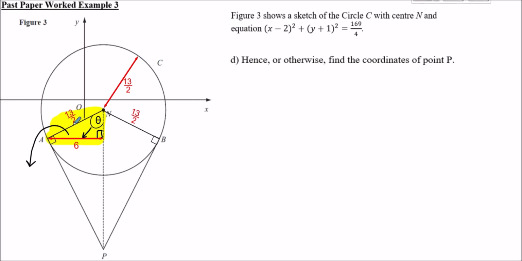I know the length of the hypotenuse. And so which of SOH, CAH, or TOA relates to both the opposite side and the hypotenuse is going to be SOH. It's sin or sine. So if we work out theta by doing sine minus 1 of the opposite side, which is 6, divided by the hypotenuse, which is 13/2, which in this case I'm just going to write as 6.5.